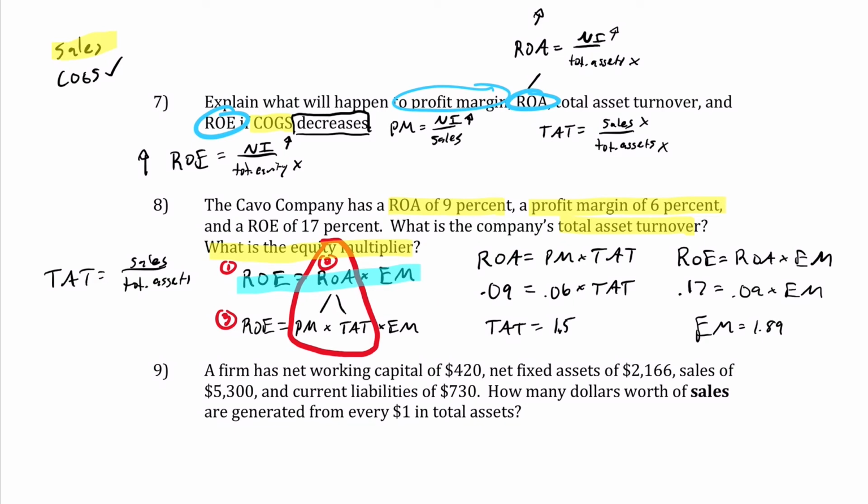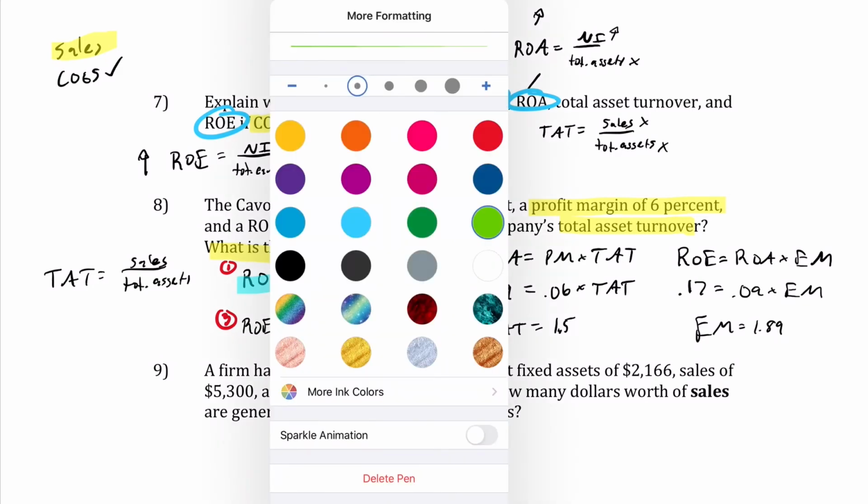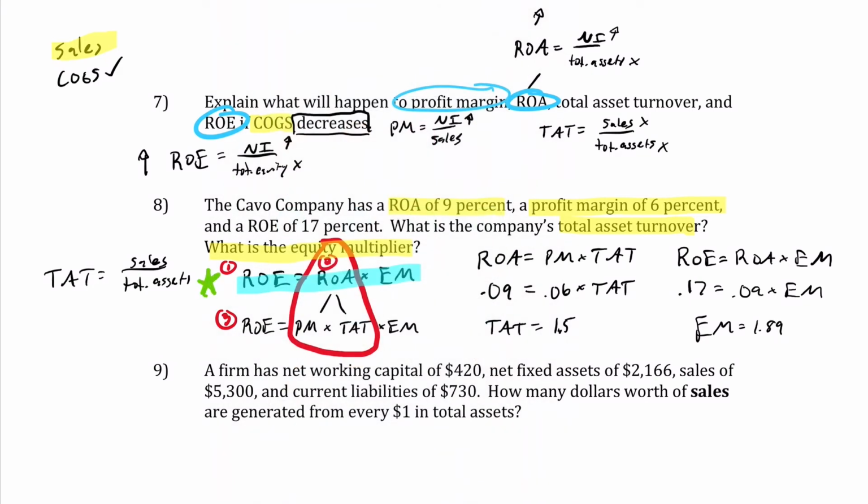But what's important that we understand here is the different components of the DuPont. We're going to be doing a lot more problems with the DuPont identity as we progress through the rest of these practice problems. But it is very important that we understand that the DuPont is focused on maximizing ROE. The first step is breaking down the ROE to a product of ROA times the equity multiplier.